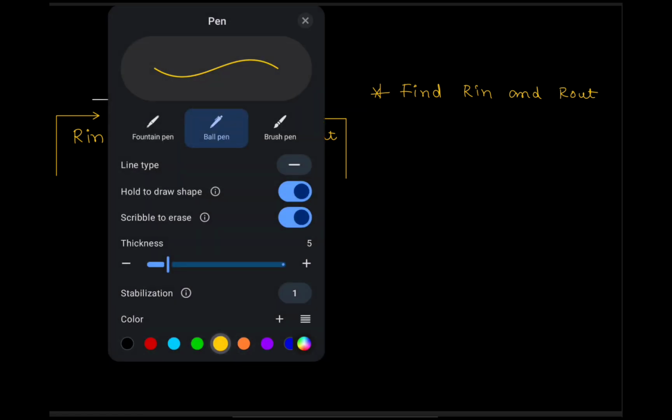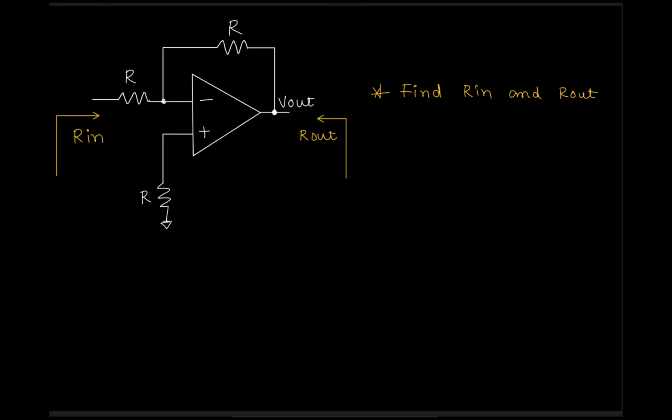Use a different color. Okay, so connect a test voltage source here and measure what will be the current across it, and whatever current you get, you just divide this by this.